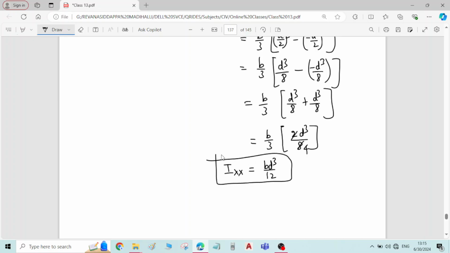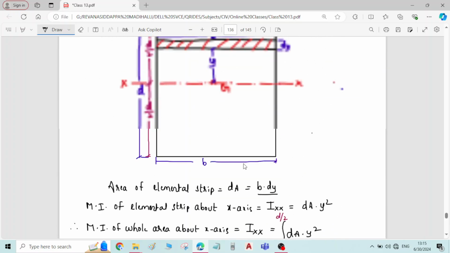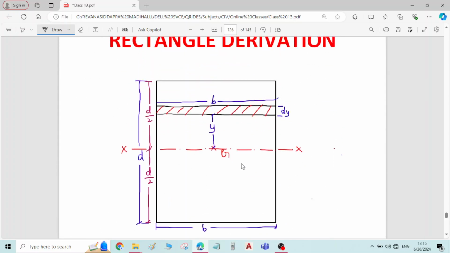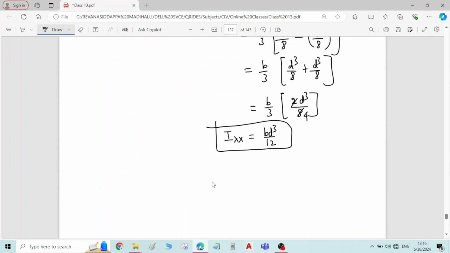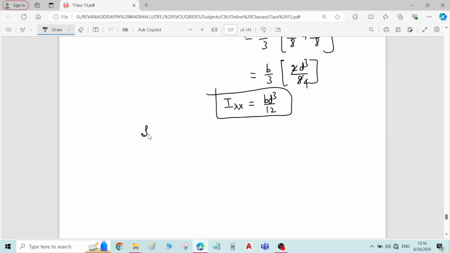This is the expression for moment of inertia about x-axis. Similarly, by considering a vertical strip at a distance x from central y-axis, you will get the expression for Iyy. If you derive the equation for Iyy by considering the vertical strip, you will get the expression as d b cube by 12.